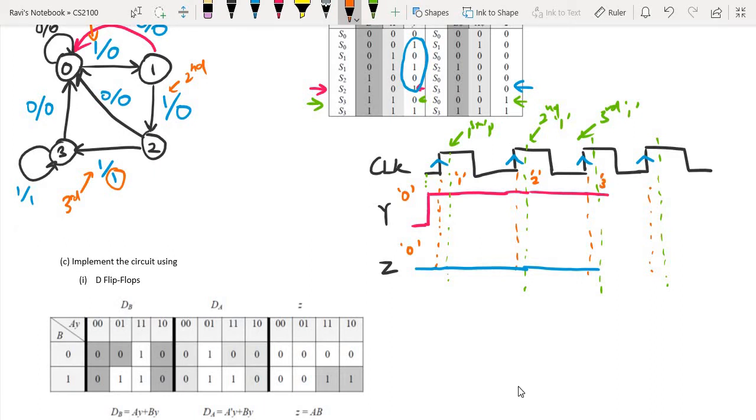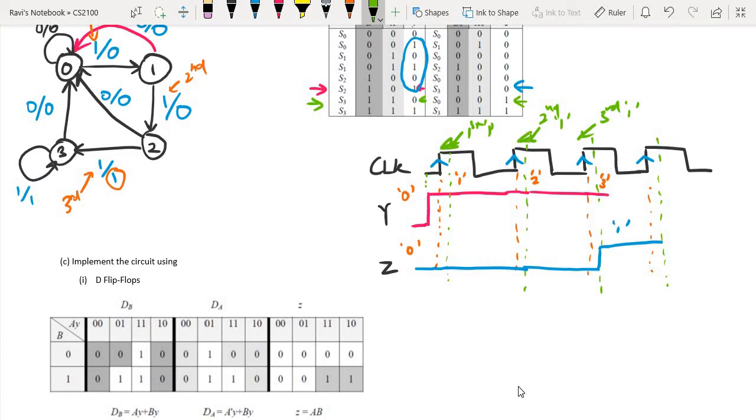When I transition to state 3 is where the output will change. So the output will change a bit of time after the clock changes, and it will carry on to be 1. If you see down here, maybe I should draw this correctly. The first one is registered upon this first clock here.